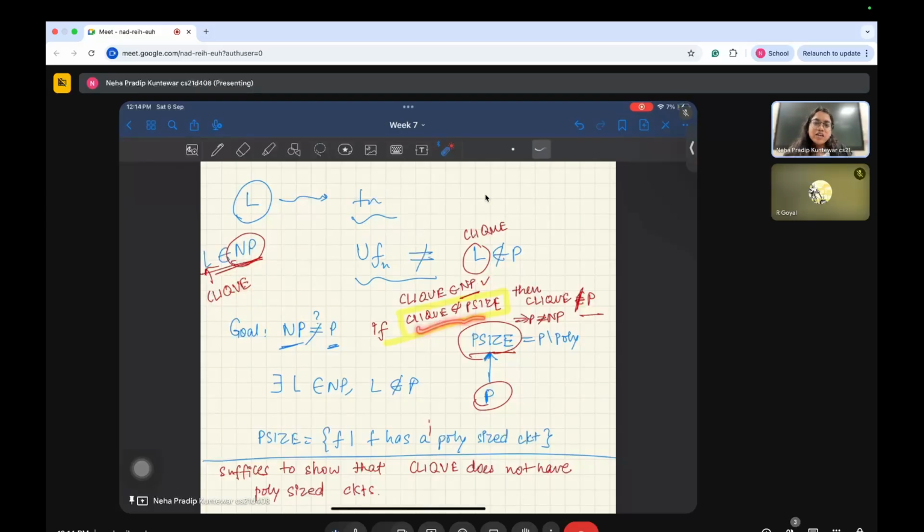I don't need to argue across all possible circuits, but only across all possible monotone circuits. So there could be something easier that the general circuits don't allow us to do. That's one reason we study that. Yes, it's clear to me.